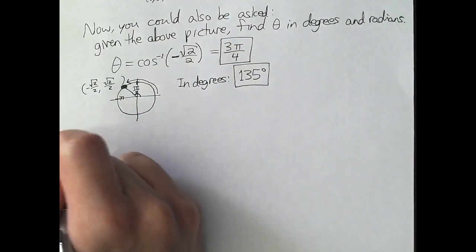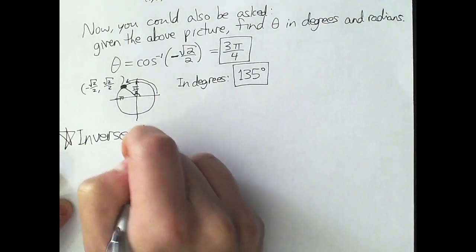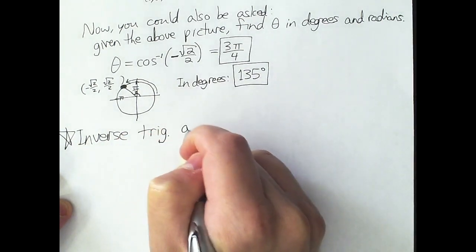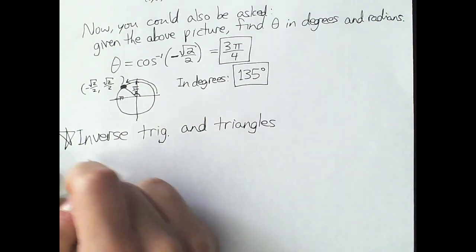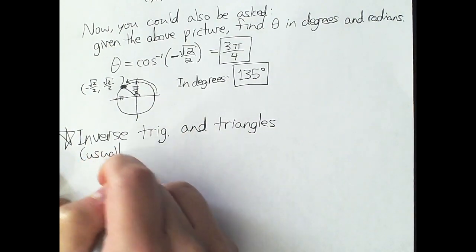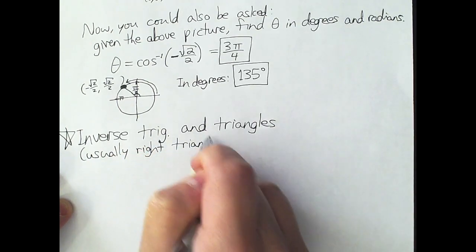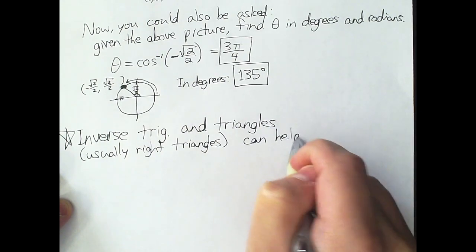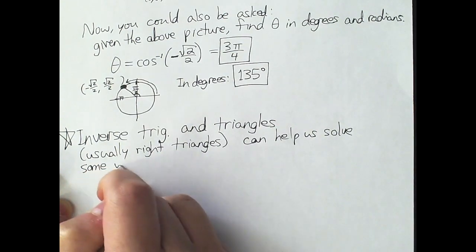All right, something else for me to tell you. Inverse trig and triangles, and I'm going to say usually right triangles, can help us solve some word problems.